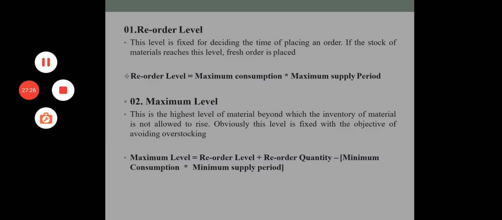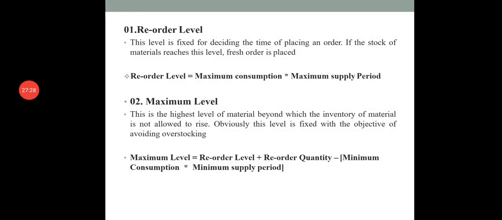And then the next one is stock level. There are four types of stock level. The first one is reorder level.